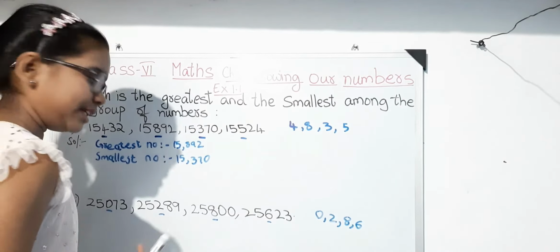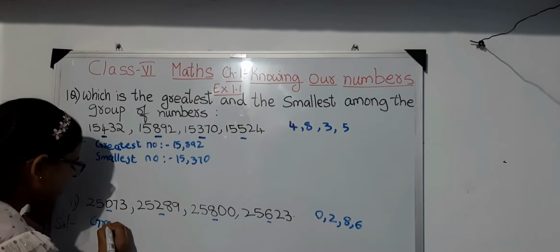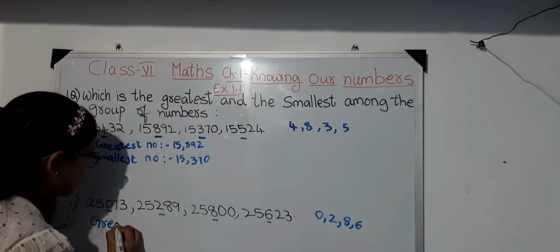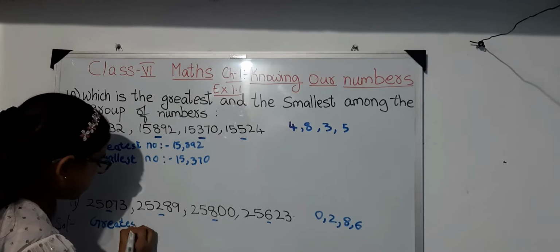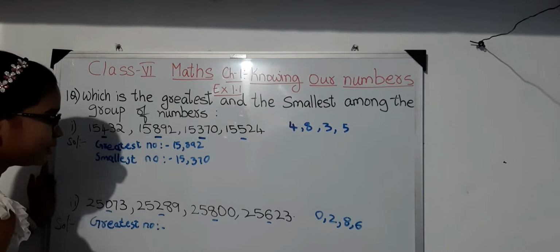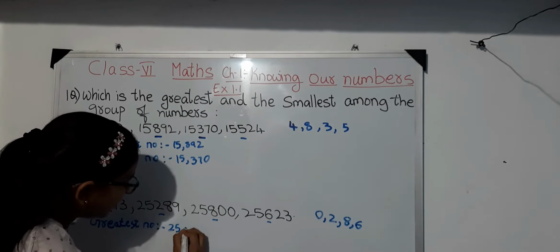8 is the greatest number. So the greatest number is 25,800.